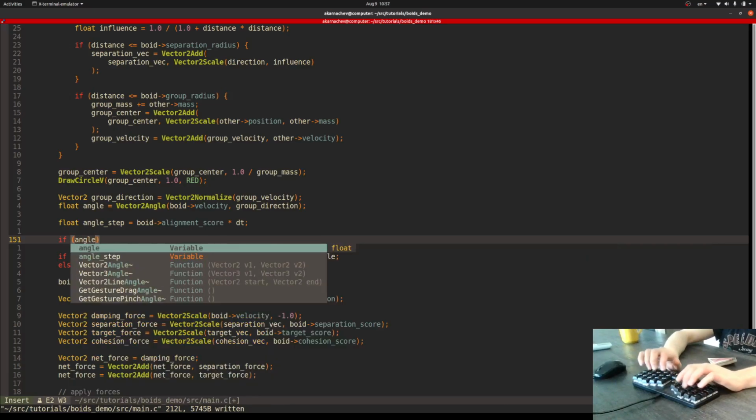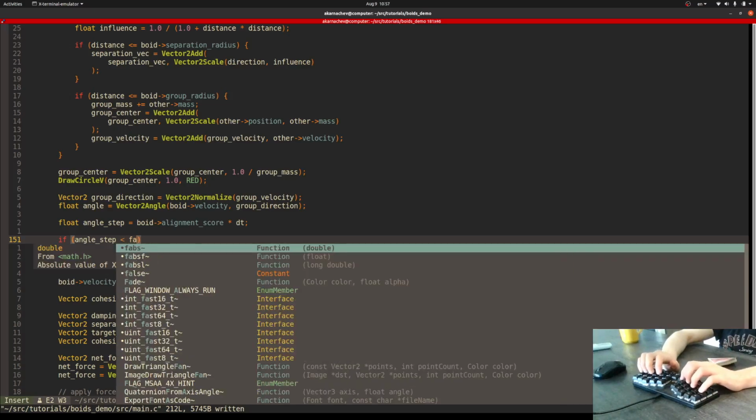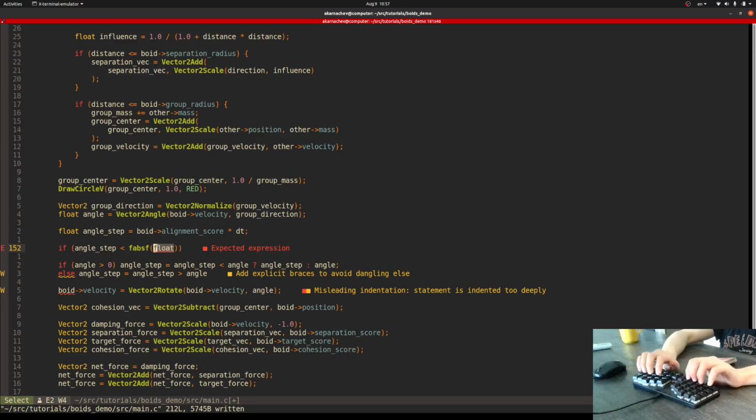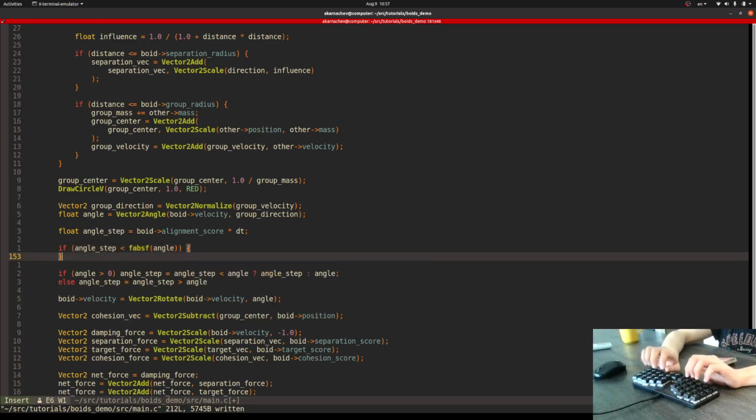If angle step is less than the absolute value, let's solve this via absolute values. This one is hard.